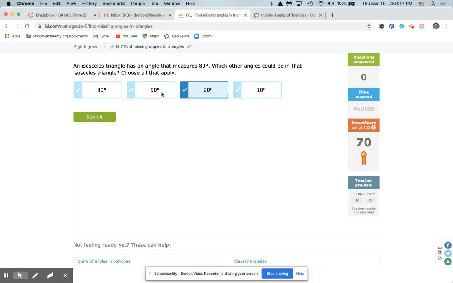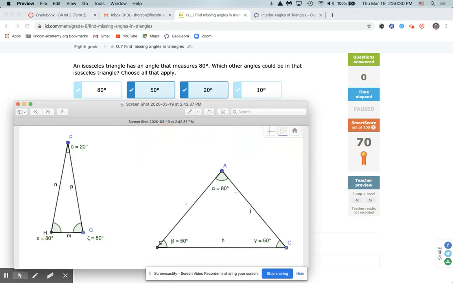So we could actually have a solution of 50 as well. In fact, sometimes we even get three possible solutions, no, I guess it would only be the two. But just realize that we could possibly have two solutions depending on whether the 80 is one of the two congruent, or if the 80 is the one that isn't congruent.